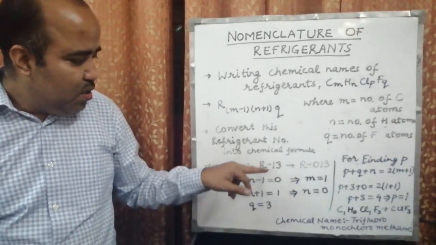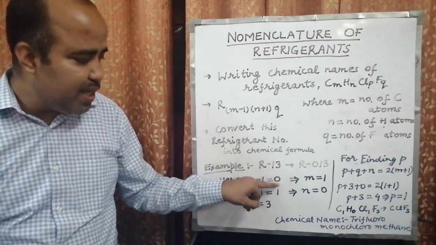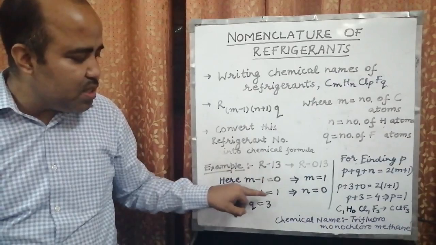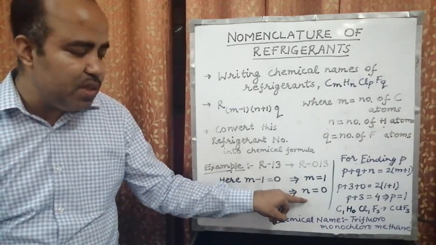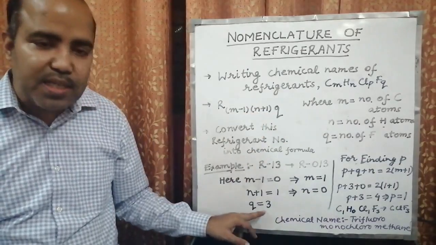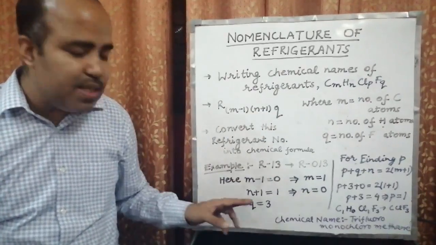Now from M minus 1 is equal to 0, we get the value of M equal to 1. N plus 1 is equal to 1, from here we get the value of N equal to 0. The Q value can be directly taken from the refrigerant number, that is 3 here.